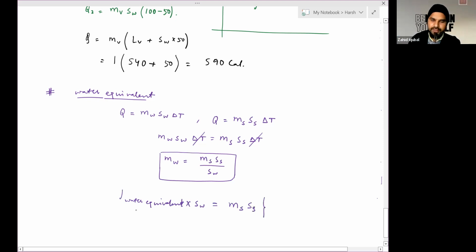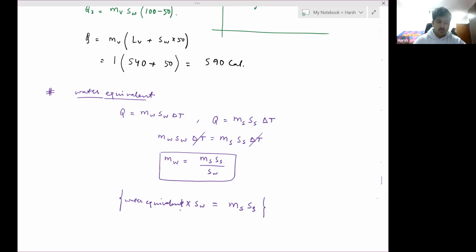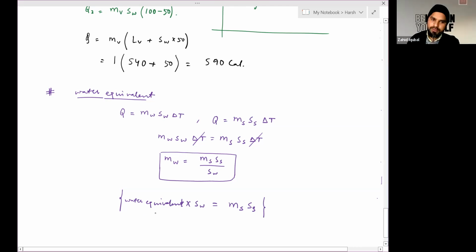So instead of giving you these two values, the mass of the substance and the specific capacity of that substance, they will give you just the value of water equivalent. Okay? So just multiply water equivalent times the specific capacity of water. These two terms will be equal to mass times the specific capacity of that particular substance.